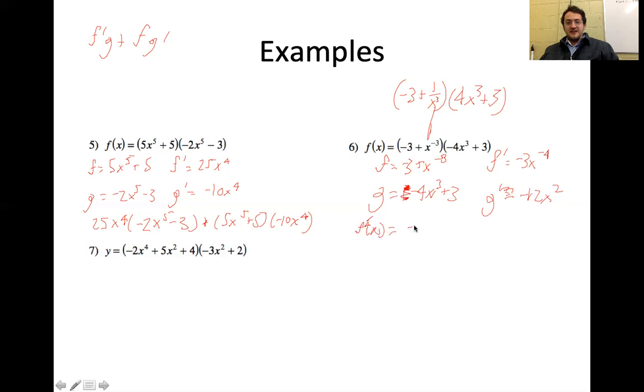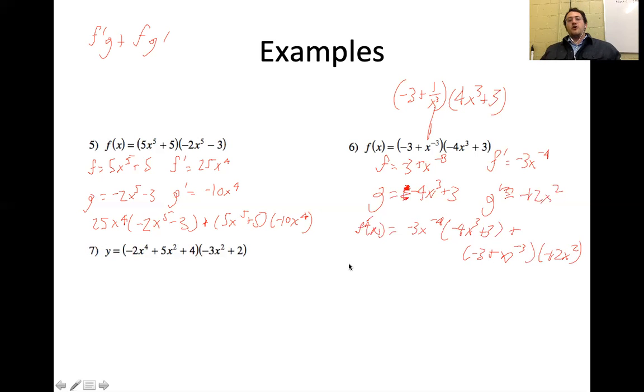So I have negative 3x to the negative fourth times negative 4x cubed plus 3, plus negative 3 plus x to the negative 3 times negative 12x squared.